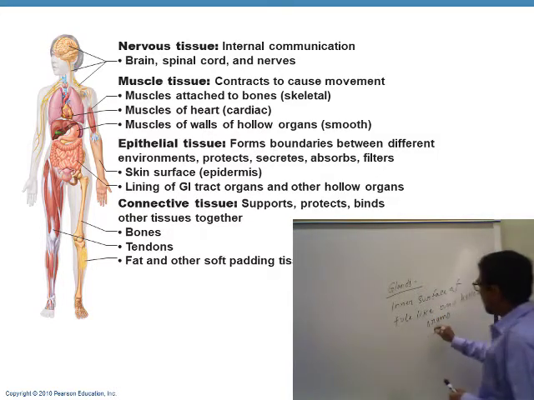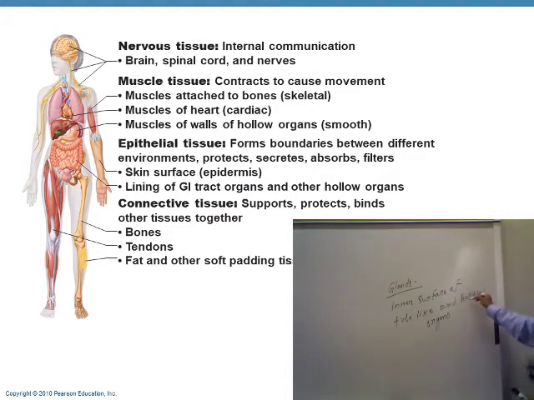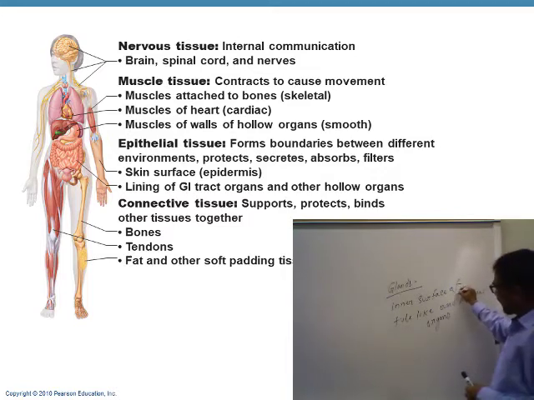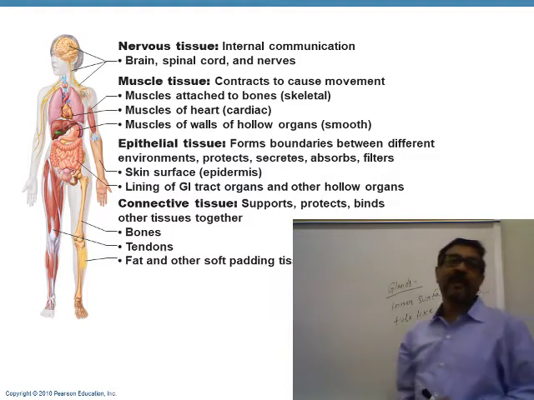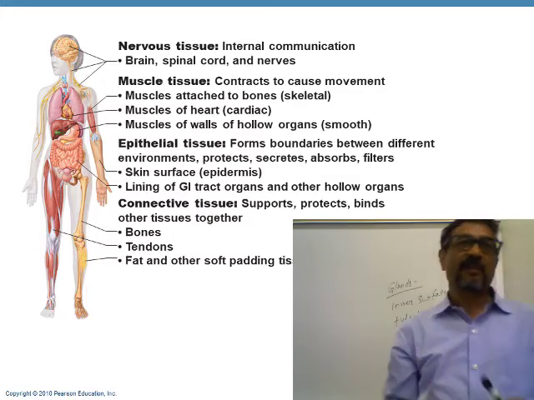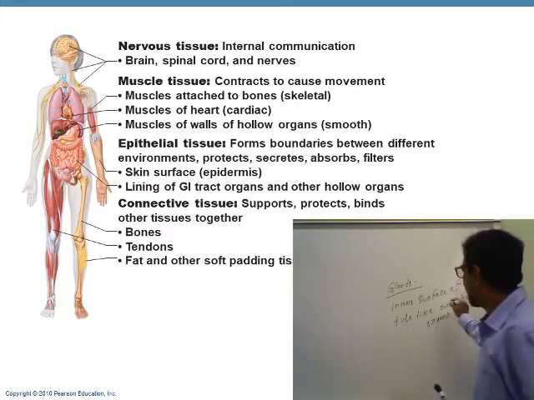You already know what are the tube-like organs and what are the hollow organs. So, innermost linings of these organs are formed by the epithelial tissue.